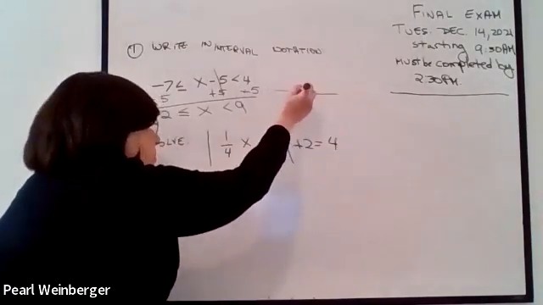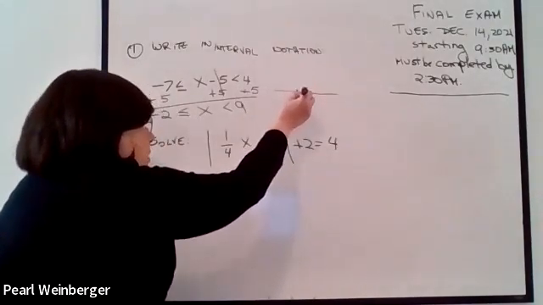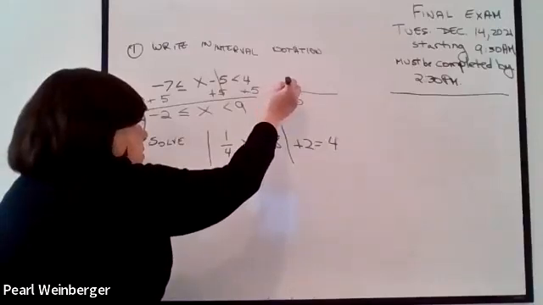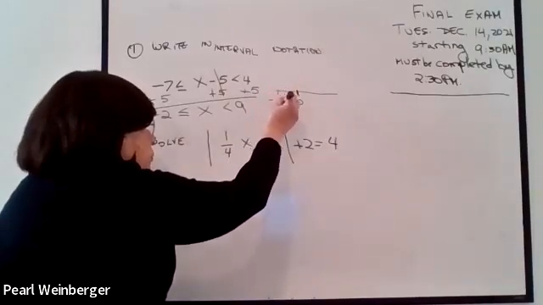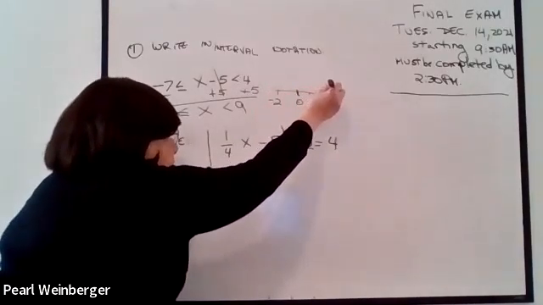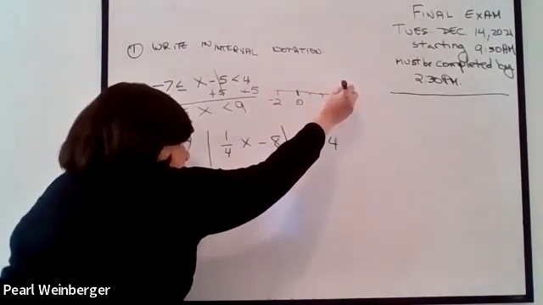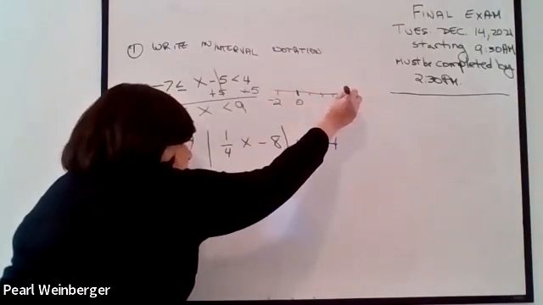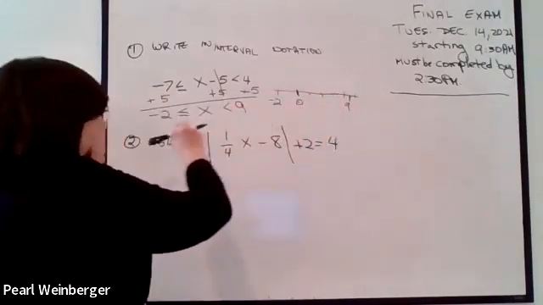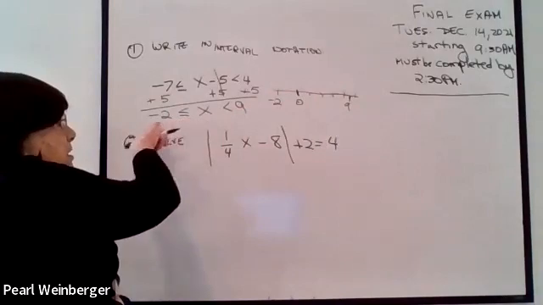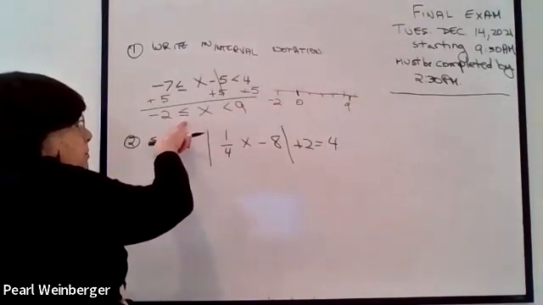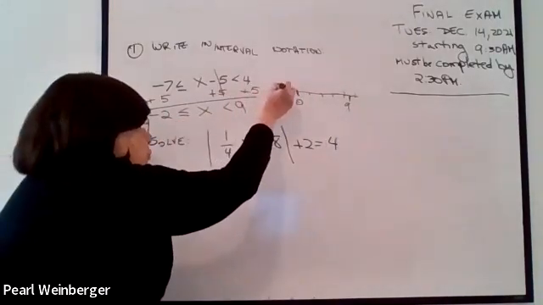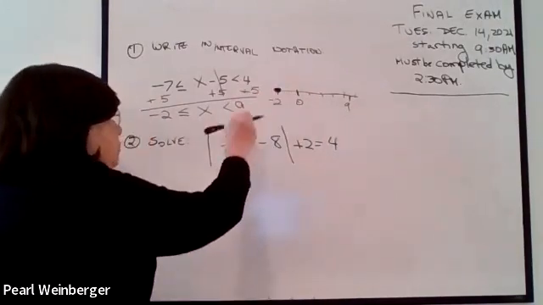Now, we weren't asked to put this on the number line, but let's see how it would look on the number line. Here's 0. Let's say this is my -2. Let's see, 2, 4, 6, 8, 10. Let's say this is 9. Since it says -2 is less than or equal to x, at -2 we're going to have to put in a filled-in circle.